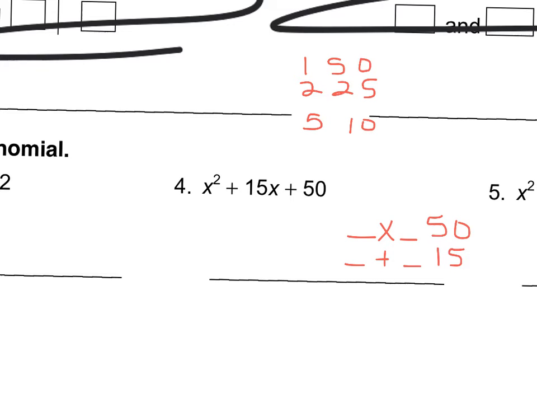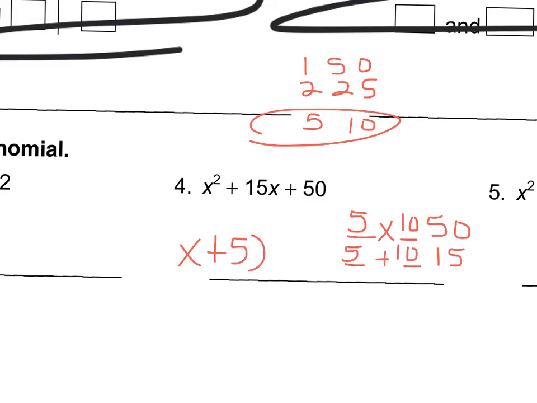And then as soon as you see the combination that's going to give you also 15, stop there and put it here. Because 5 times 10 is 50, and 5 plus 10 is 15. So you would put those directly into your binomials, x plus 5, x plus 10.